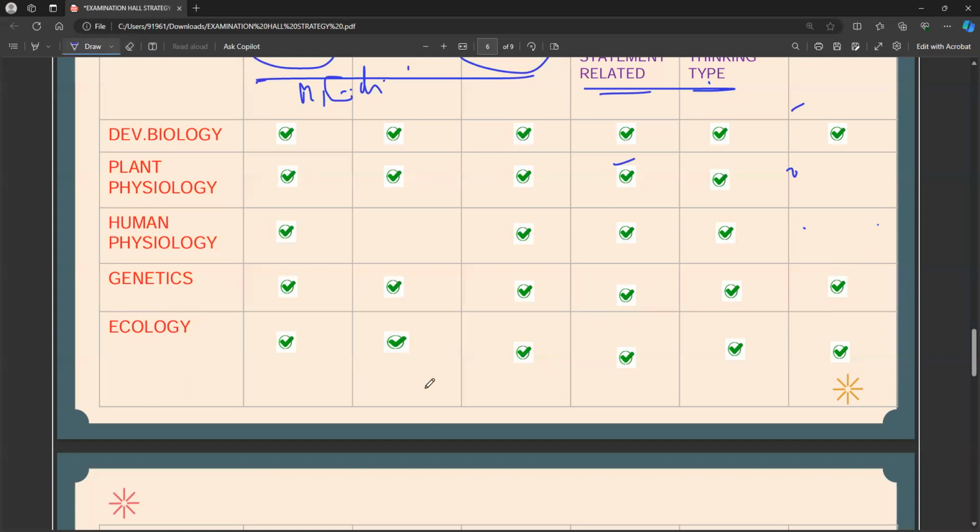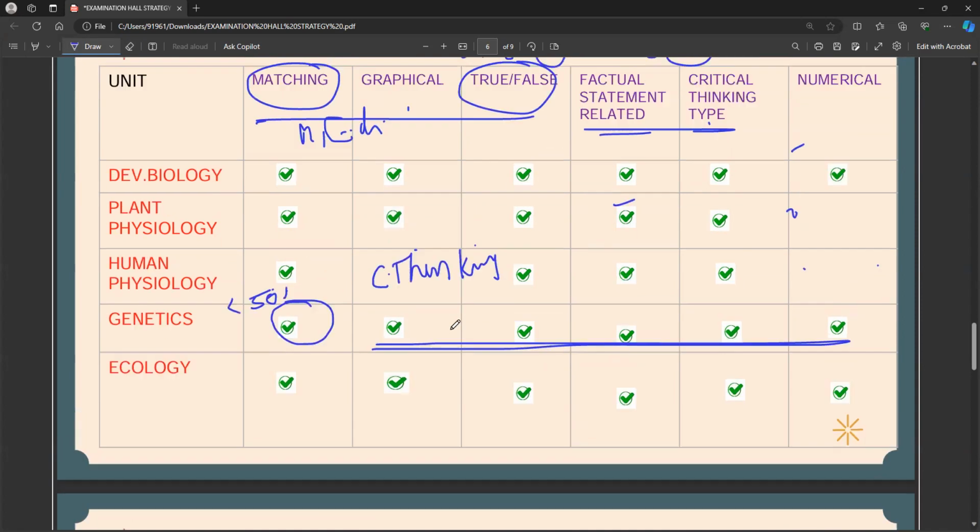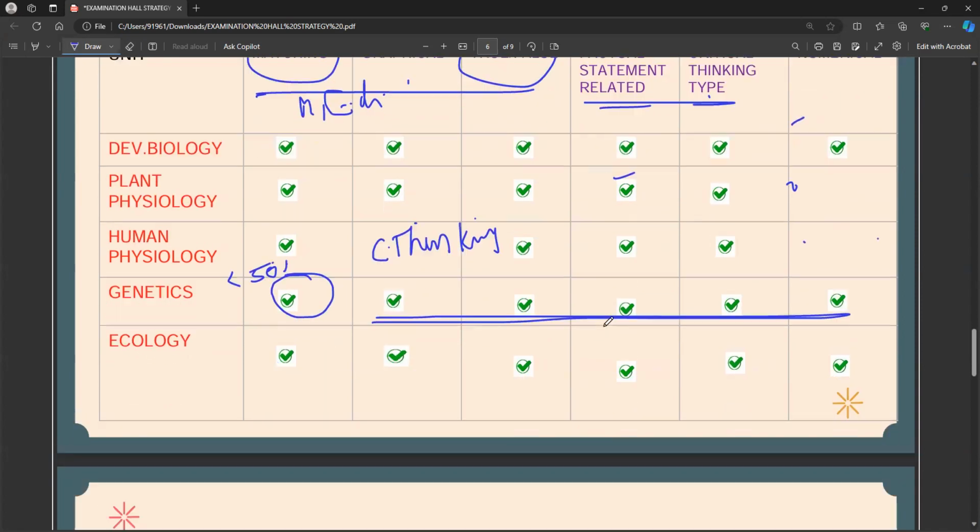Hence, most students are very good at genetics in terms of understanding the concept. Genetics, I tell every student, is only critical thinking. I don't expect a great number of matching questions from genetics; the probability is less than 50%. Apart from matching, trust my words, in every corner you will get a question.